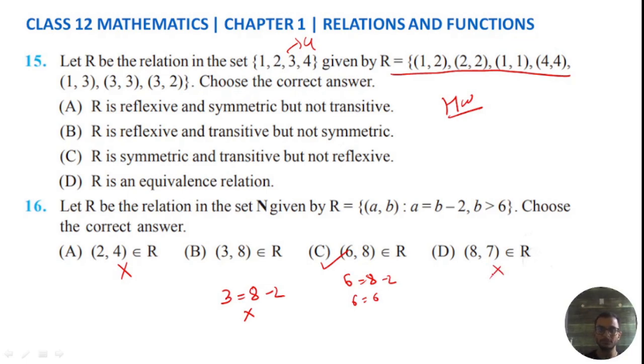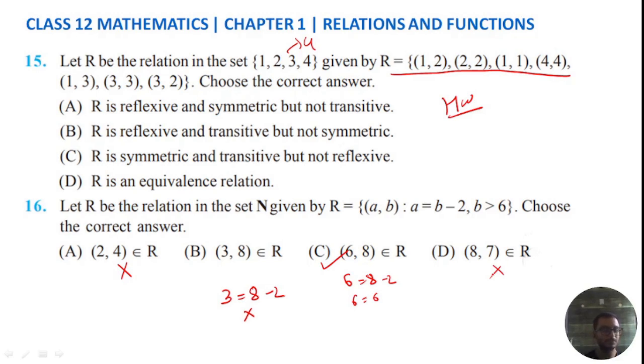I hope you are doing some good practice. If you do good practice, you can catch every question of this type. Surely there will be one question of this type in your exams, where you will be asked to find whether a relation is reflexive, symmetric, and transitive. I hope you will do it now. I have shown you every way to look at it.